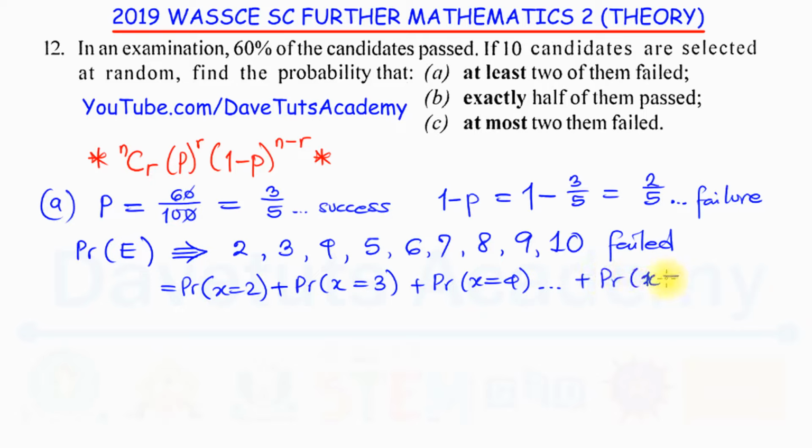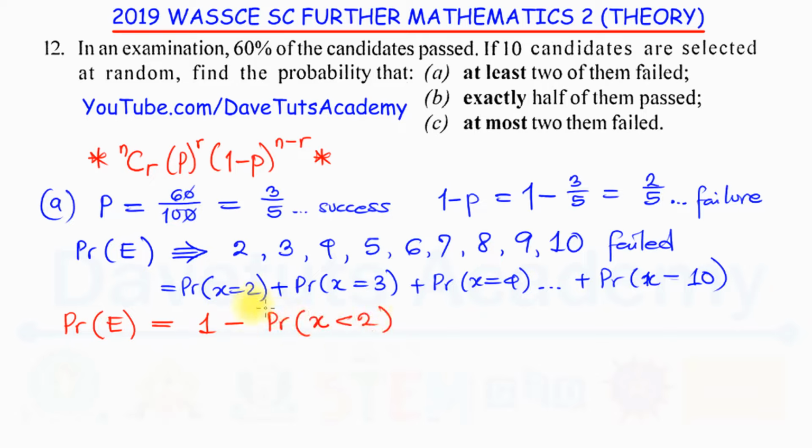Okay, and you can see this is going to be very Herculean, and that is not a smart approach to take. Instead, because we know that probabilities always add up to 1, we can express the probability of the event that at least 2 of them failed as 1 minus the probability that x is less than 2.